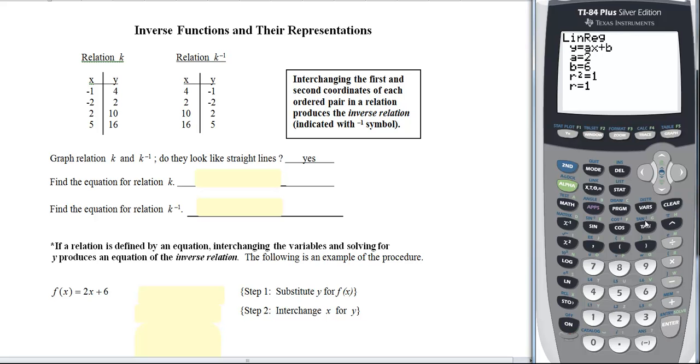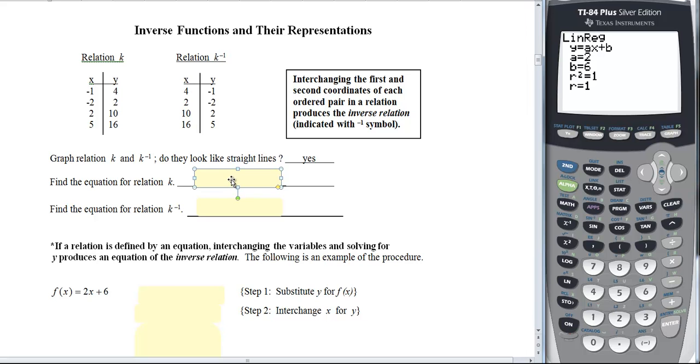And there's my equation. Do you remember that a correlation coefficient of 1 is a perfect fit? So my equation here that I'm about to move, it's my k function is equal to 2x plus 6. So k of x equals 2x plus 6.